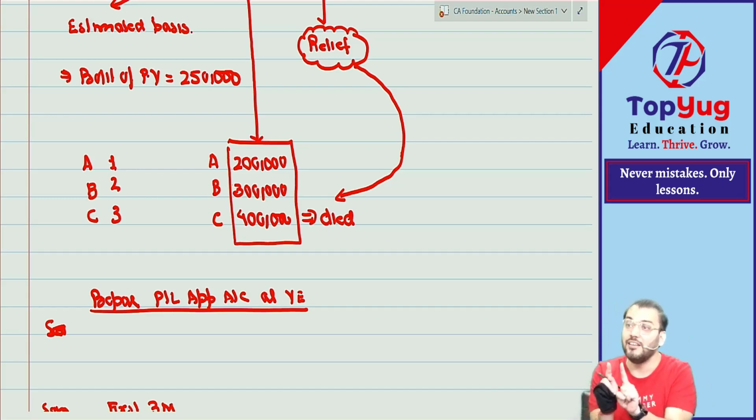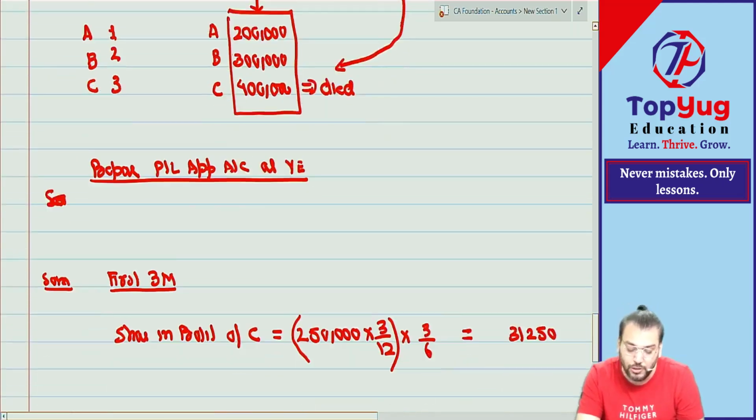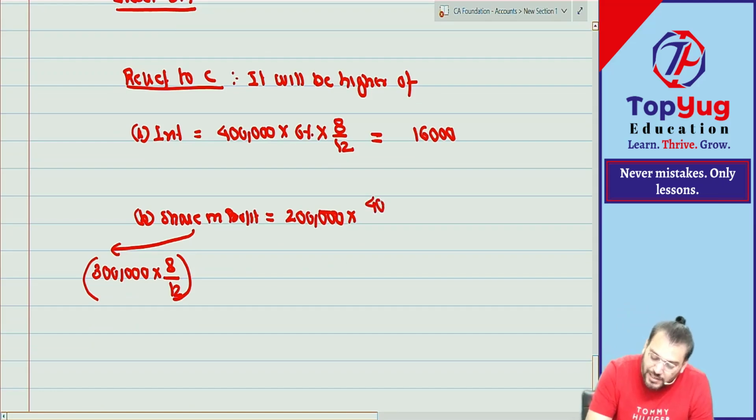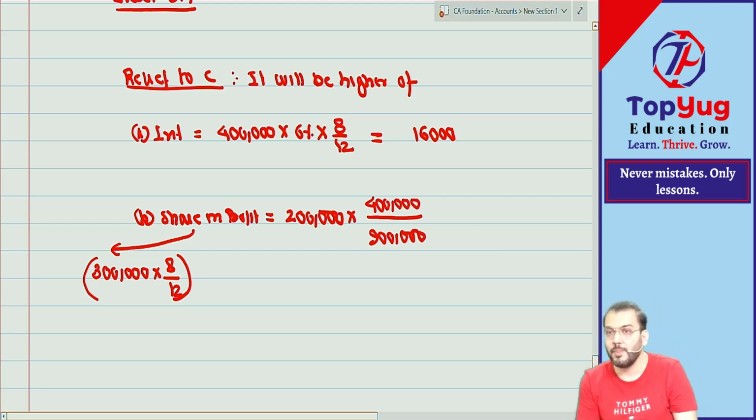Only to calculate relief, share in profit. So we'll do 4 by everything. Or you can say 4 lakh divided by total capital, how much? Total is 9 lakh now. So 4 by 9 also you can do if you want to do.